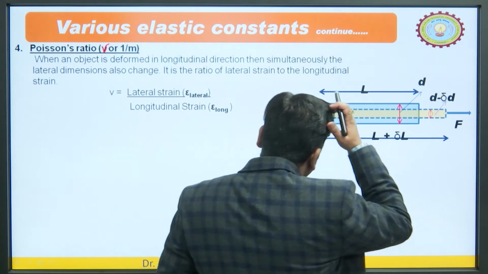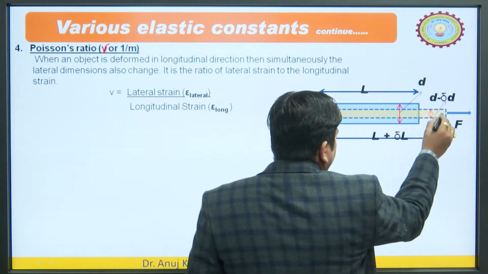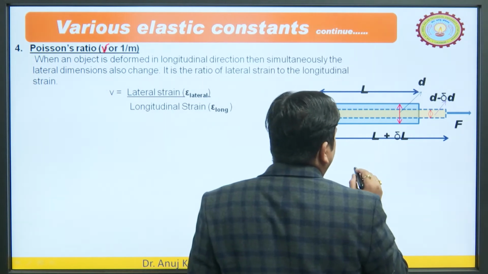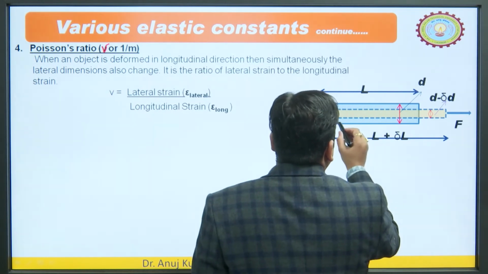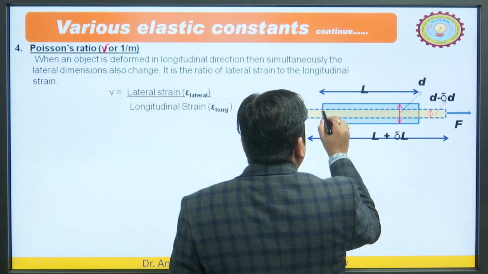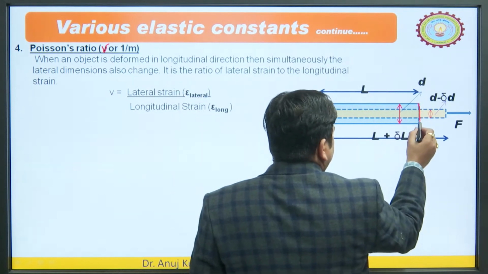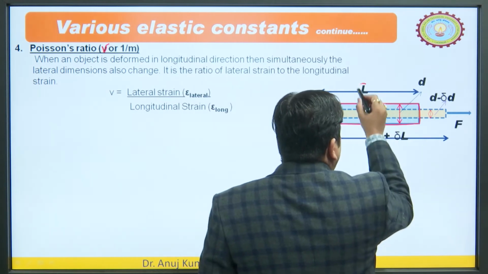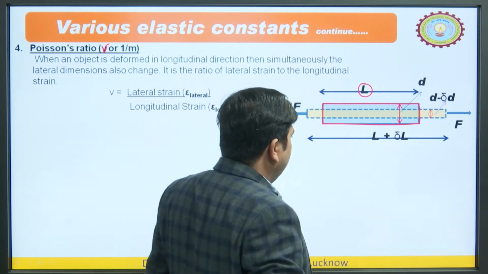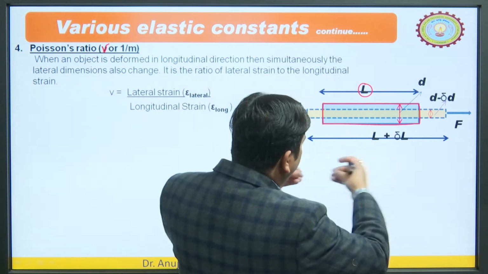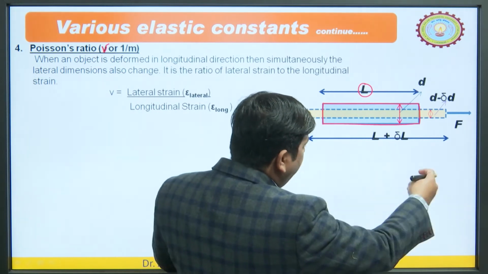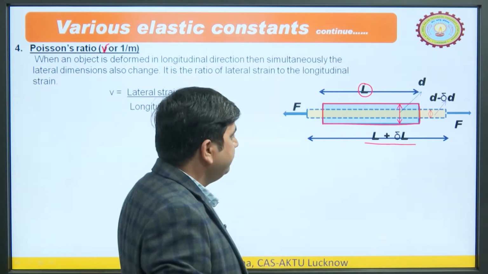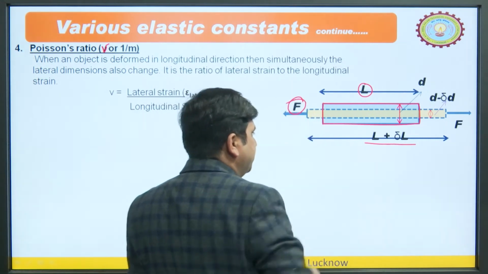Let us say the dotted line is the initial object. The initial length was L. Now, upon the elongation its length has become L plus delta L with the application of this force.